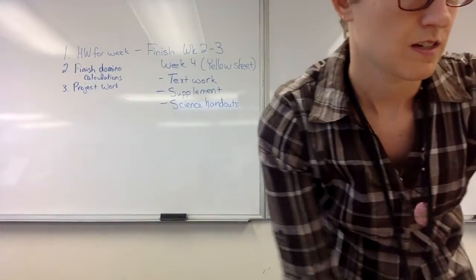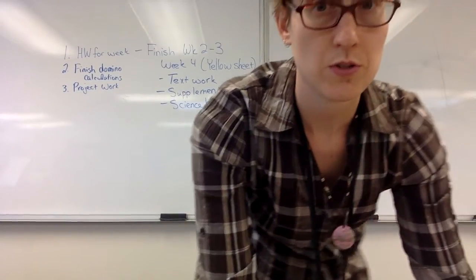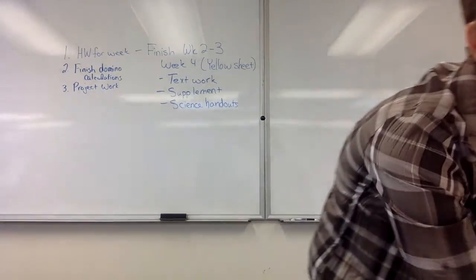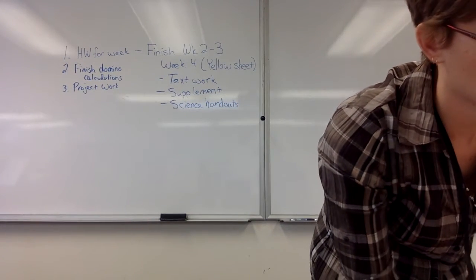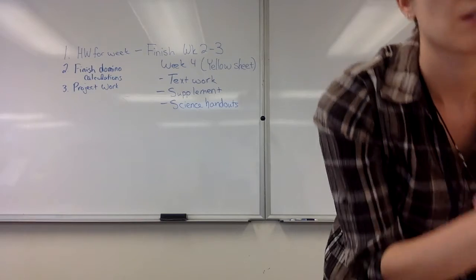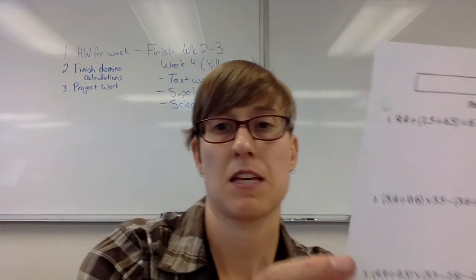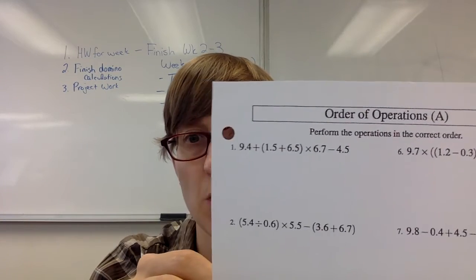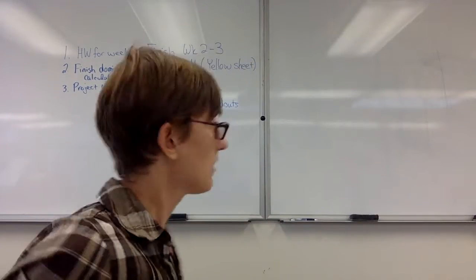Okay, so the first thing I'm going to have you take a look at is the order of operations of decimals. In the handouts I gave you last week, it looks like this. We're going to be working from this sheet right now.